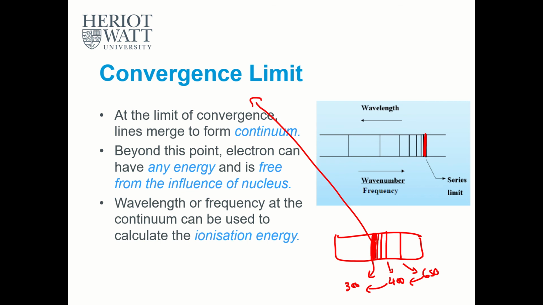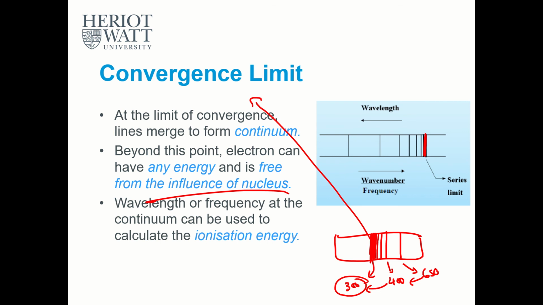So beyond this continuum, beyond this convergence limit, the electron is free from the attraction of the nucleus, which means beyond these 300 nanometers, beyond this wavelength or this energy level, whatever electrons go beyond this level, the electron is free from the nuclear attraction. So it becomes a free electron.